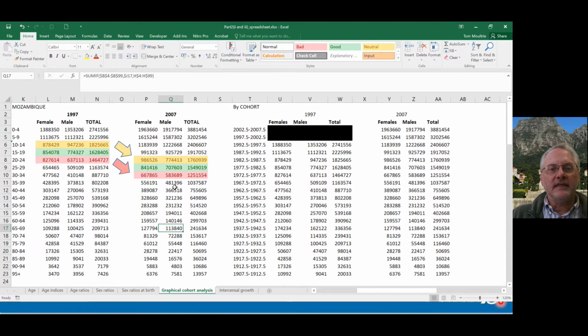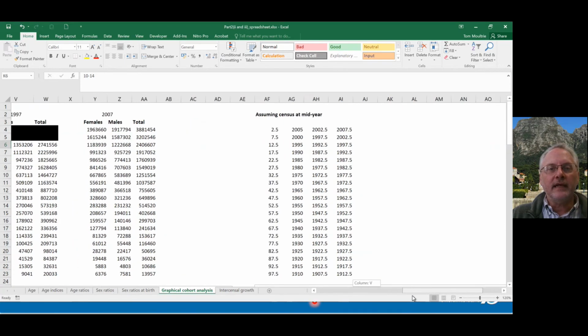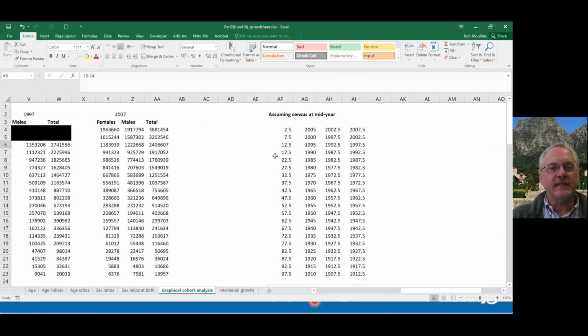What we then seek to do is recast these ages. Those aged 10 to 14 in 1997, on average, would have been aged 12 and a half at the time of the 1997 census, because that is halfway between age 10 and 15.